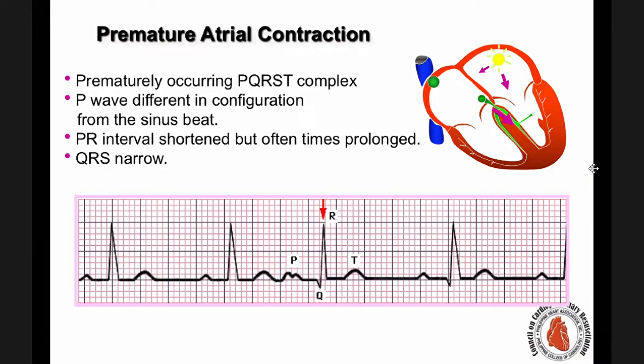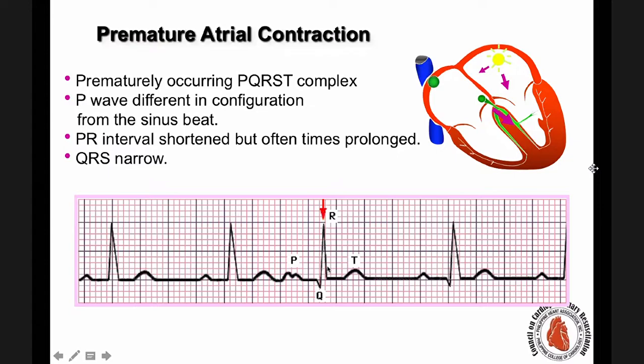Okay, so since in a premature atrial contraction, although the origin of the electrical impulse is not coming from the SA node, this electrical impulse conducted to the AV node and then to the normal Purkinje system or normal conducting system in the ventricles. And that's why there is this normal or narrow QRS complex.